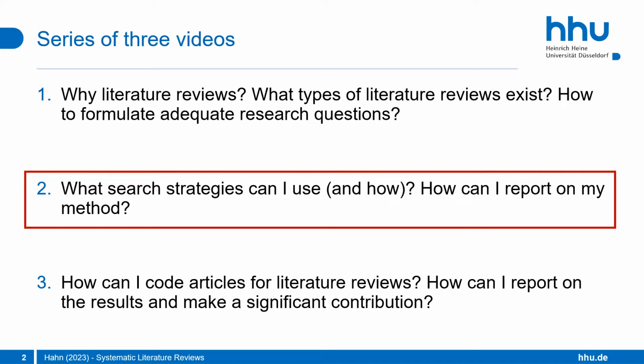Finally, the next video will be on how you can code articles for literature reviews, how you can report on the results, how you can actually be really analytic, and how you make a significant contribution to the literature through the literature review.